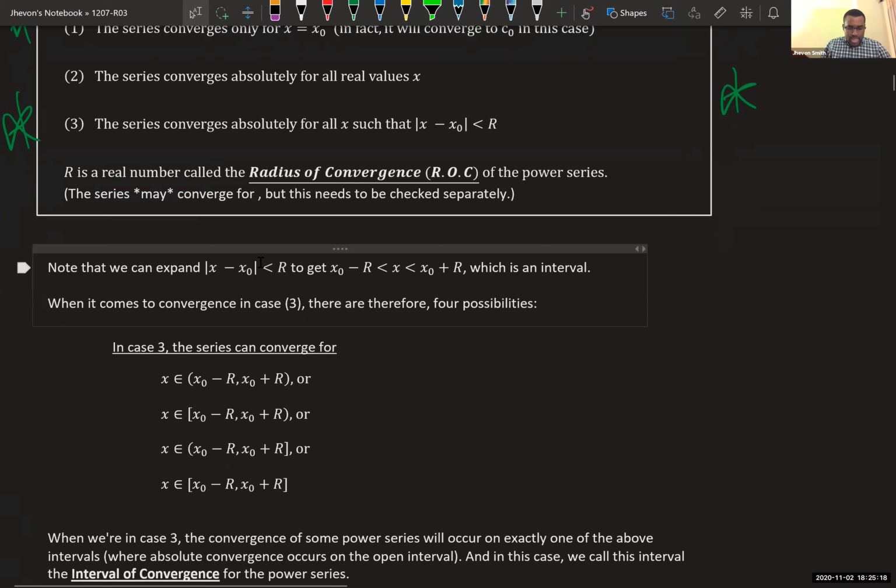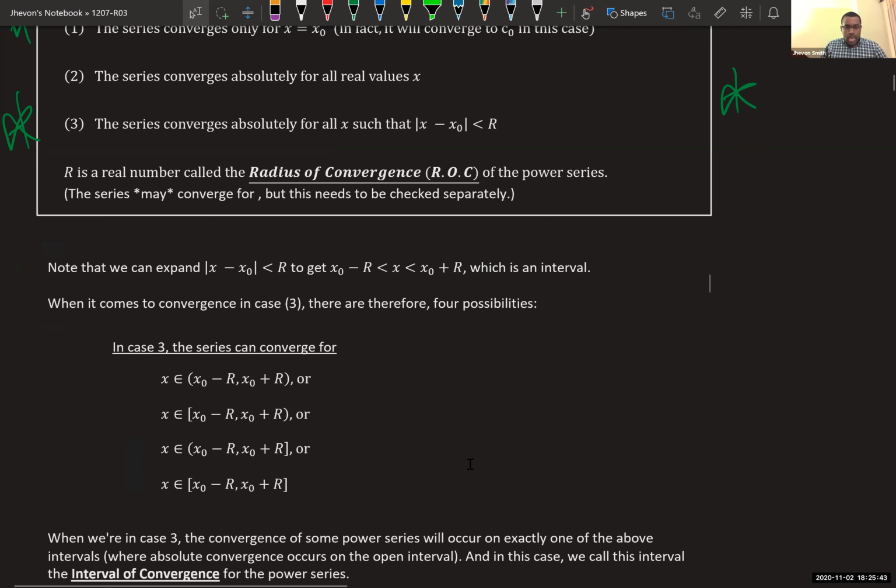Whenever I write this, we know because of the properties of absolute values, I can expand it to look like this, right? So there are various possibilities in case 3, right? It can work at x naught minus something to x naught plus something, but it doesn't work at the endpoint, so I put open parentheses. Or it can work at the left endpoint, but not at the right endpoint, or it can work at the right endpoint, not at the left endpoint, or it can work at both endpoints, right?